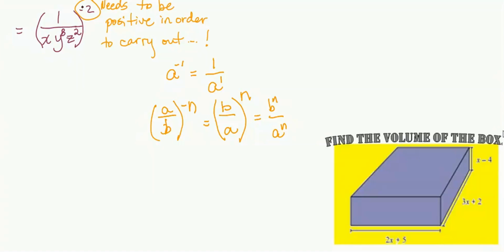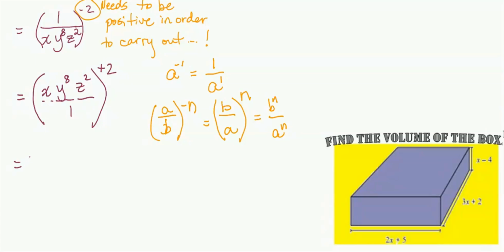Now I'm going to take the negative from the 2, and I'm going to carry out only the negative part of the exponent. So I'm going to reciprocate. I'm going to have x y to the 8th z squared, and it'll become over 1, see? And then I'll have a +2. You don't have to write the plus in front of the 2, but I'm doing that just to illustrate for you.